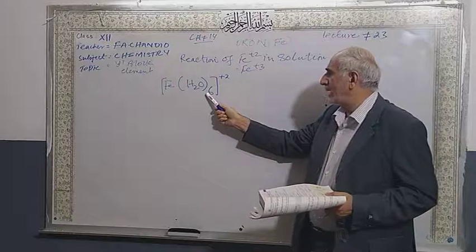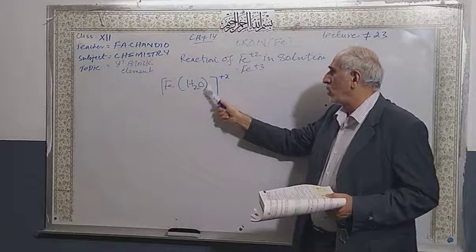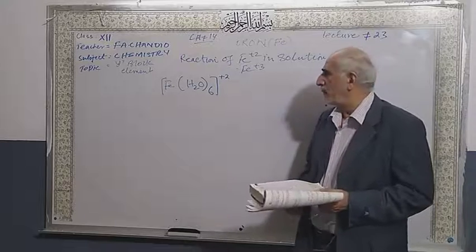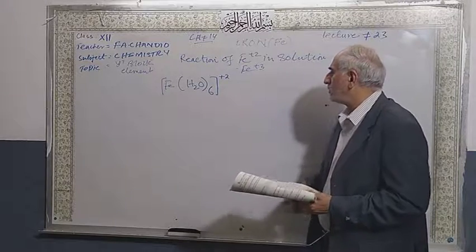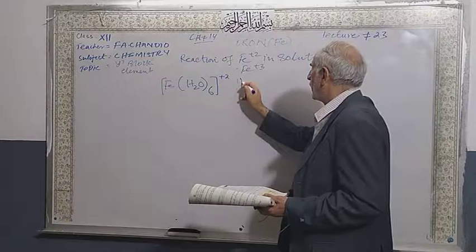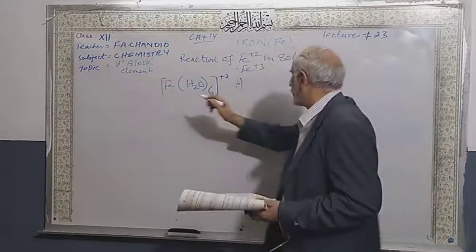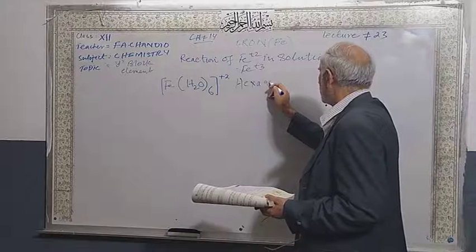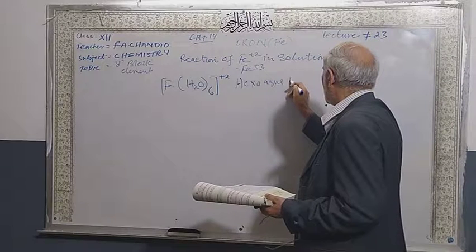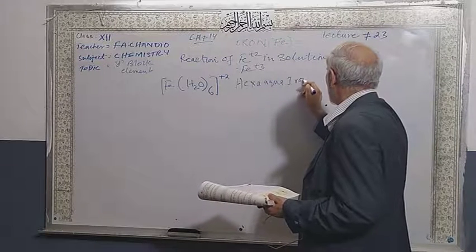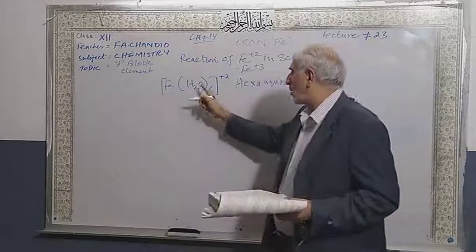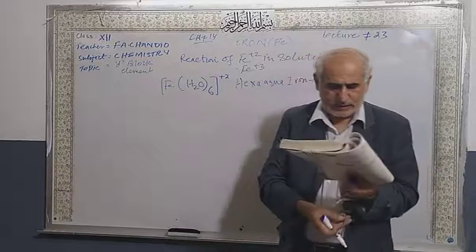Water is a neutral ligand. The overall complex has a positive 2, meaning this is a cation. Hexa, aqua, iron 2, because there is no positive charge from the ligand. Hexaaquairon 2 with neutral ligands. This is the one complex.